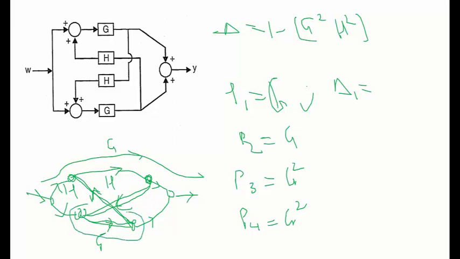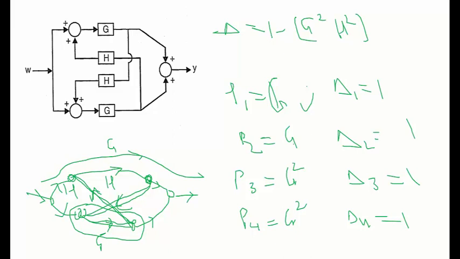These two nodes and the branch G don't touch the path P1, but they don't have any loop, and thus delta 1 is 1. Likewise, for P2 you will have delta 2 as 1, and for P3 you again have delta 3 as 1, and delta 4 is also 1. You can see it on your own. If you have any confusion, you can ask me later on.